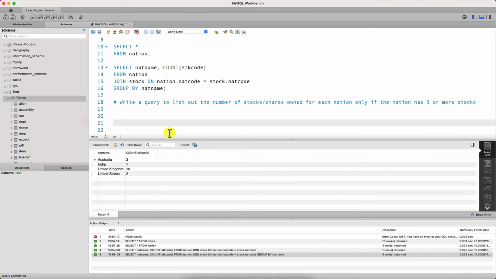How does a having clause work? Well, a having clause shows up after a group by clause.